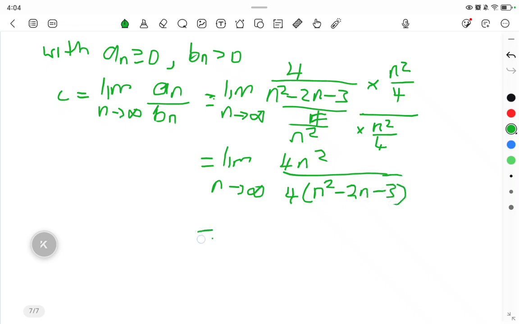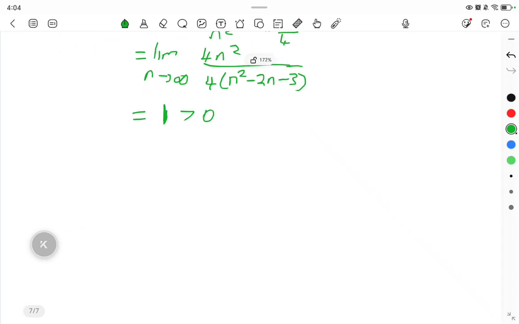So the 4 will cancel out. Then we'll be left with the limit as n approaches infinity. When I check this, the highest degree is n squared. If I factor out n squared, the other terms will become 0. So this will give us 1. So I might as well write 1. And this 1 is greater than 0.